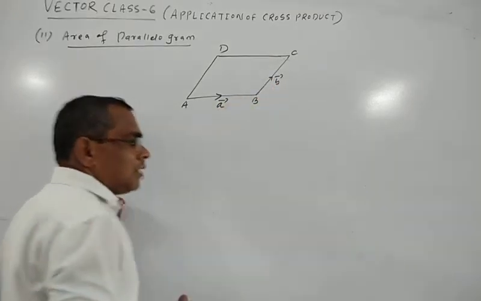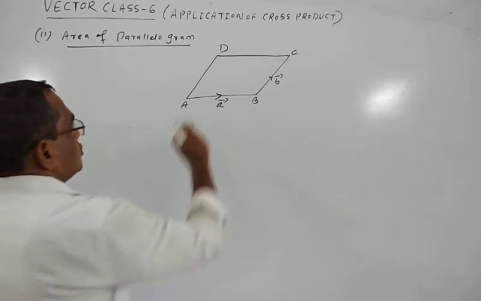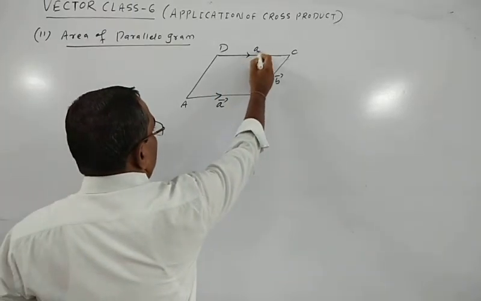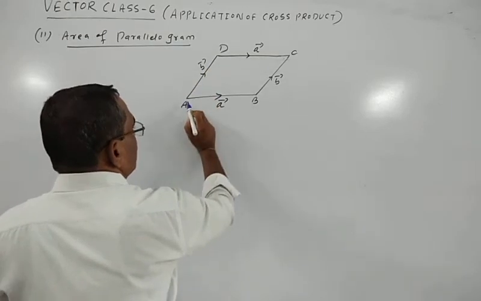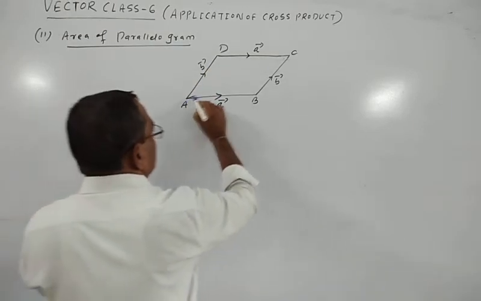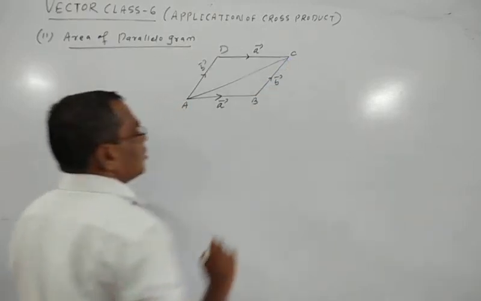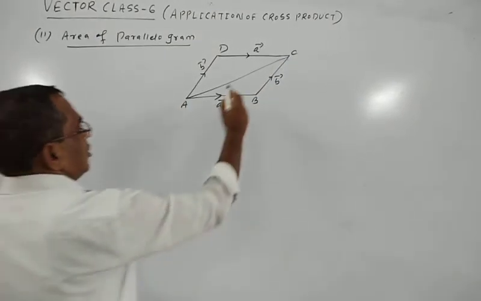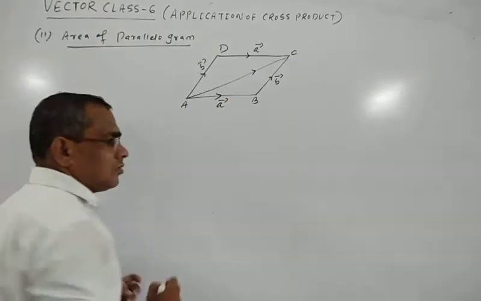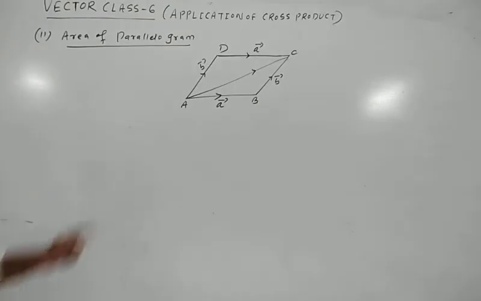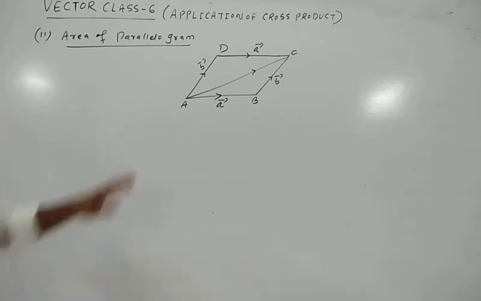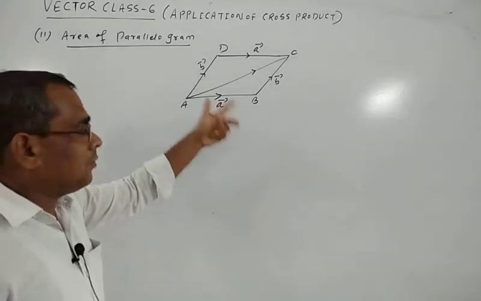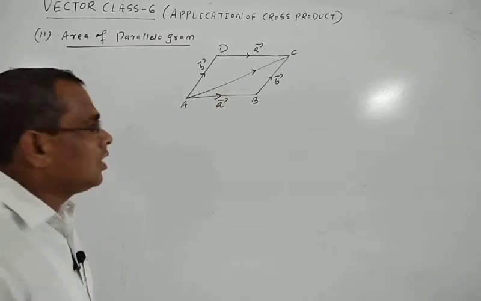Clearly, in a parallelogram opposite sides are parallel, so this one is A vector and this one is also B vector. If we join point A to C, clearly this is a diagonal. So in that parallelogram there are two triangles, one is ABC and the other is ADC. So the area of parallelogram ABCD is equal to 2 into the area of triangle ABC.